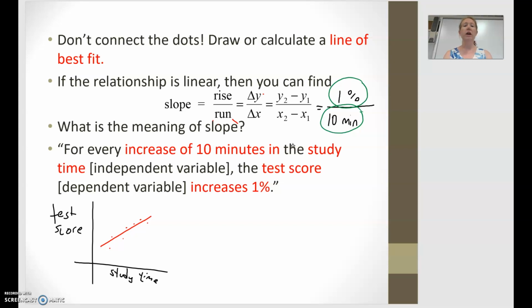So you would say for every 10 minutes of study time, the test score increased by 1%. Remember, you want to say the cause first and then the effect. And the effect is up on top in the slope. You would never say for every 1% this test score went up, the student went home and studied 10 minutes extra. Well, they took the test already.